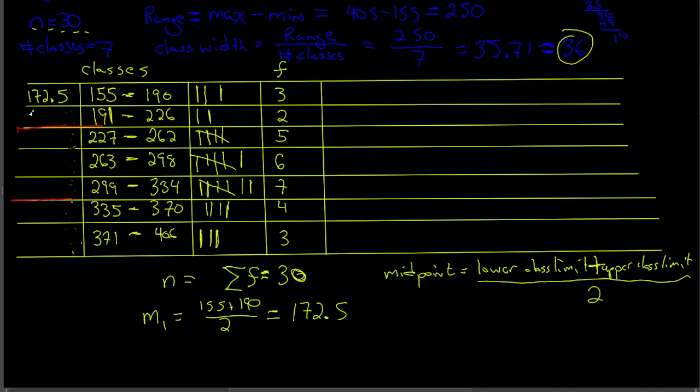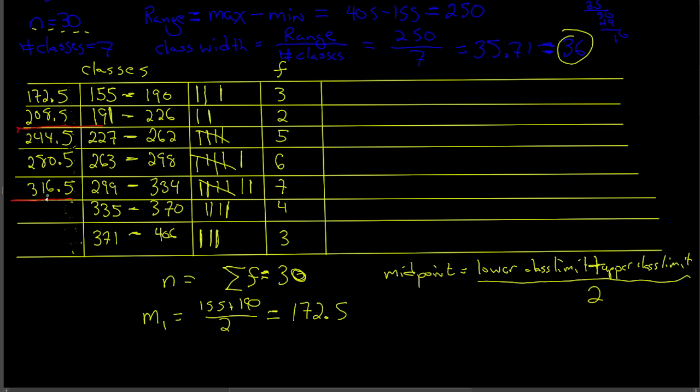Once I have the lower one here, I can add 36 to this, which is 208.5. I can add 36 to this, which is 244.5. I can add 36 to this, which is 280.5. I can add 36 to this, which is 316.5.